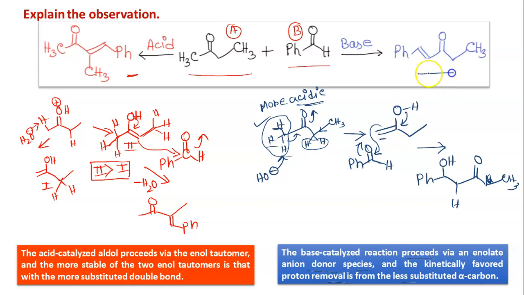So we are getting this product, this OH and H will be removed. So this is the reason why under basic condition and acidic condition we are getting 2 different types of product. This is not exclusive, but it will be the major product.